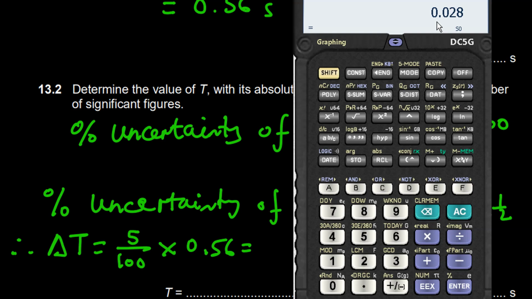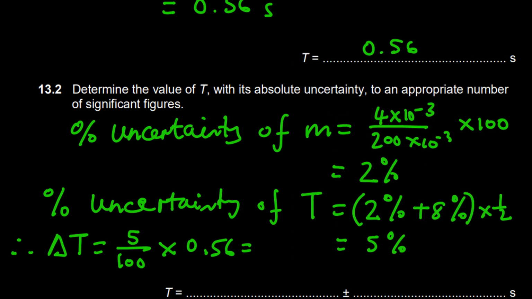And we get an answer of 0.028. This is to two significant figures.